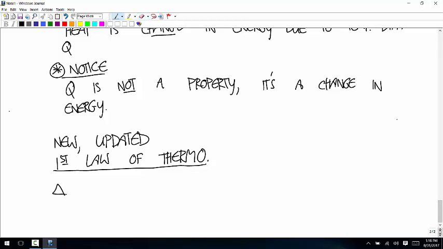Change in kinetic energy plus the change in internal energy is equal to Q minus W.